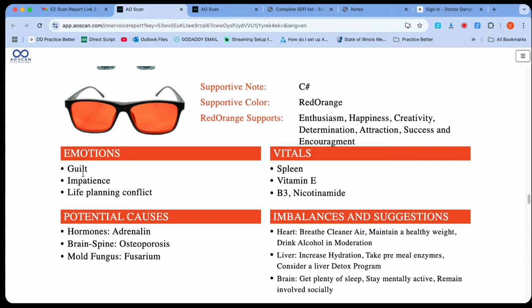These are the emotions that could not be resonated properly. Now, she probably has a bunch of emotions that couldn't be resonated properly, but these are specifically the emotions that couldn't be resonated properly that also had to do with this particular note, G. So guilt, impatience, and life planning conflict.